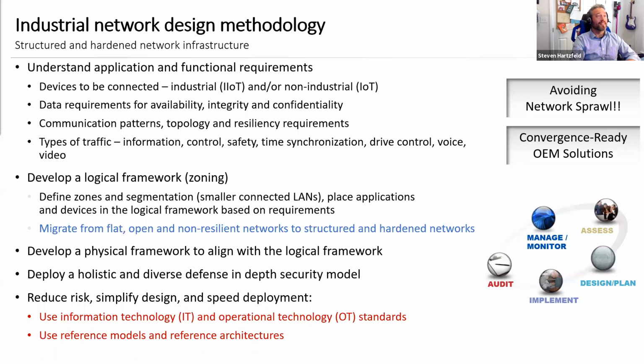Going once. Going twice. All right, so network sprawl is the organic growth of a network over time. The network starts off small and simple, maybe just one machine or one line or a subset of those.